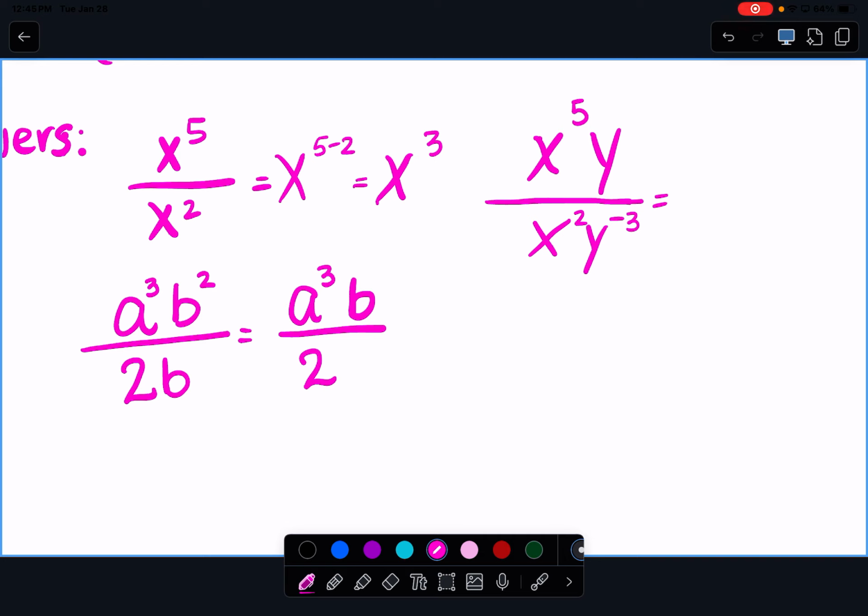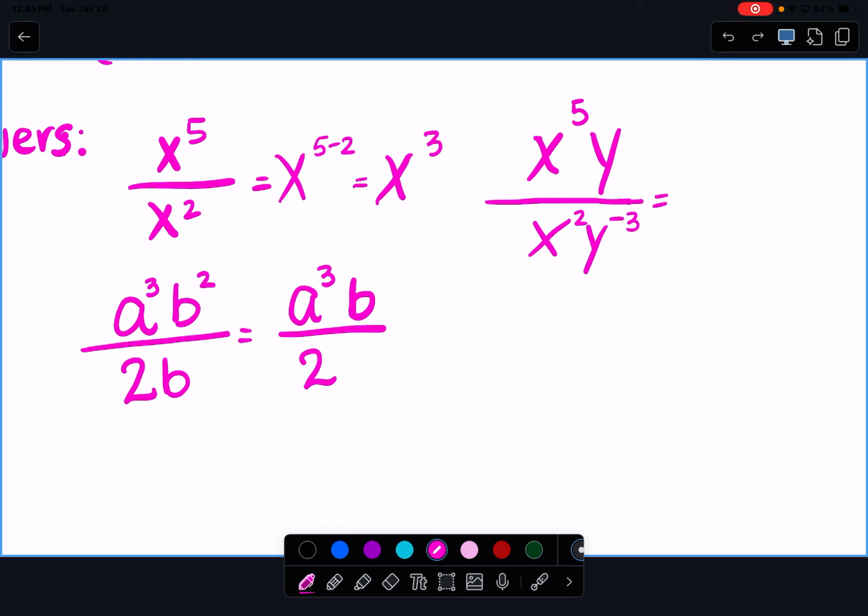So what happened to the 2? Over here, the 2 just stayed there because we didn't do anything to change the 2. I'm talking about the exponent. Okay, so we did 2 minus 1, which gave us the 1.